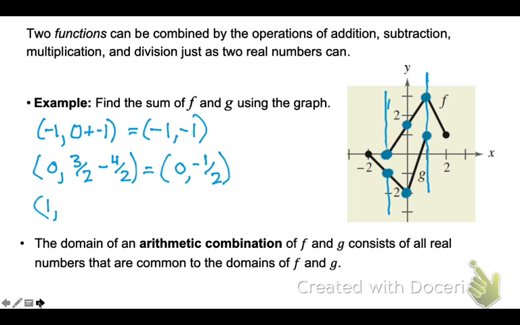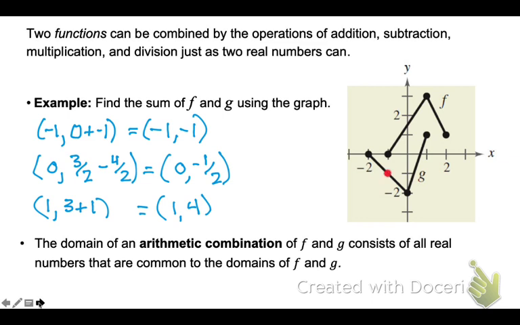And could we get some in-between points if we wanted to? Yeah, but those are just harder. They'd be more estimating or guessing. Okay, so f at 1 is what? 3. And g at 1 is 1. So that point would be (1, 4). So I'm going to graph (-1, -1), right?